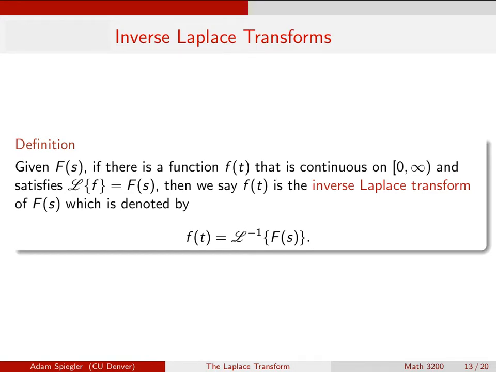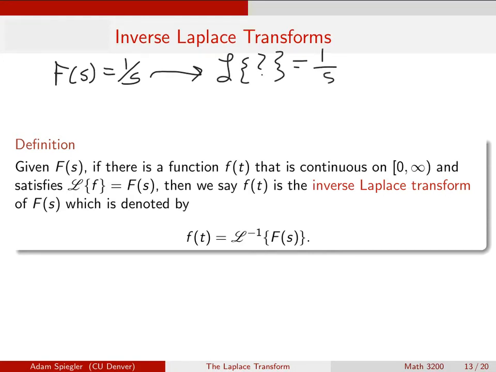So for example, just to write out something concrete, if I had F of s equal to 1 over s, then what we'd want to find is a function whose Laplace transform is 1 over s. And then you could look at the table of Laplace transforms and notice that 1 over s is what we get when we apply the Laplace transform, for example, to just the constant 1.